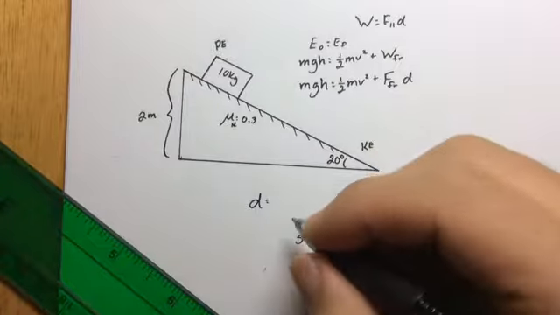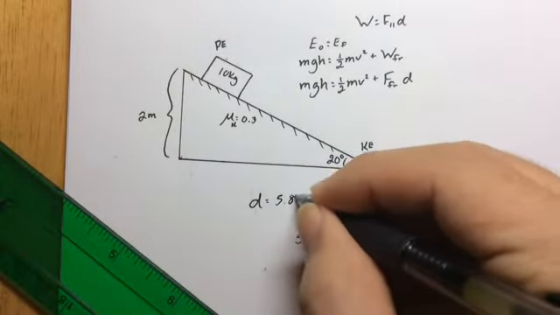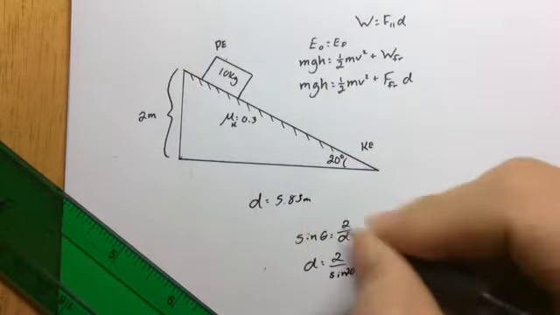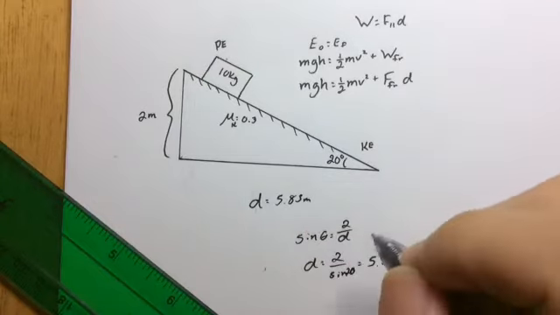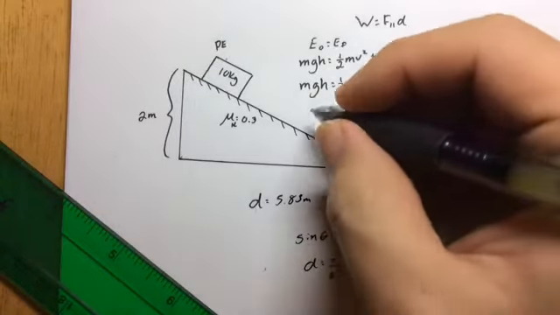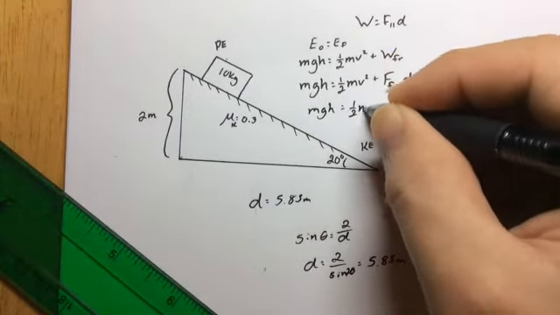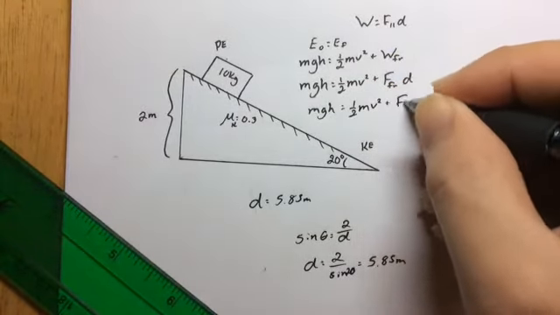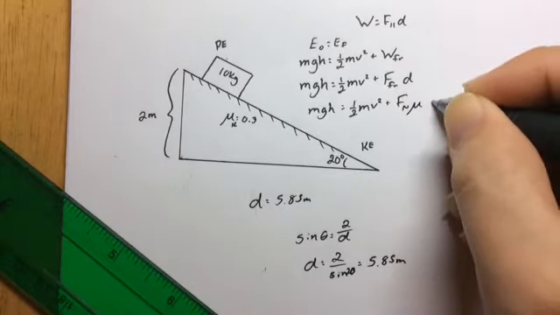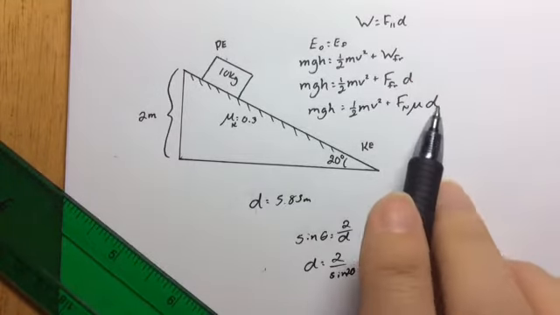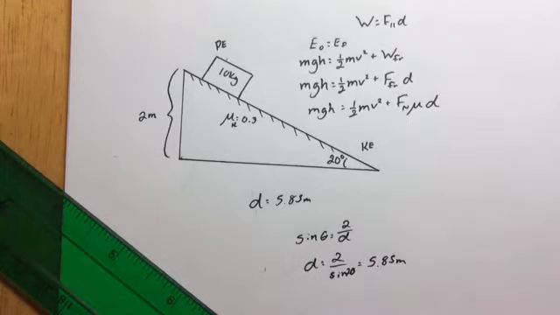Force of friction's equation is right there. Force of friction is normal force times mu. So mgh is equal to 1/2 mv squared plus normal force times mu times d. We got d. We need that normal force. So we have an inclined plane.